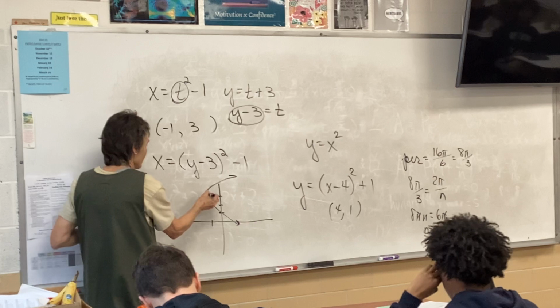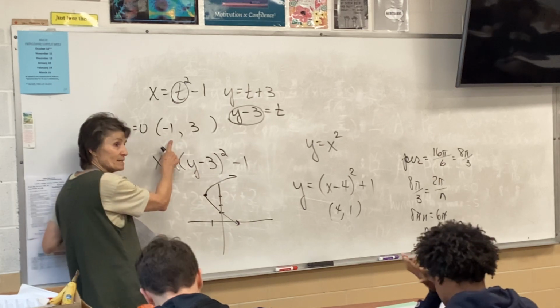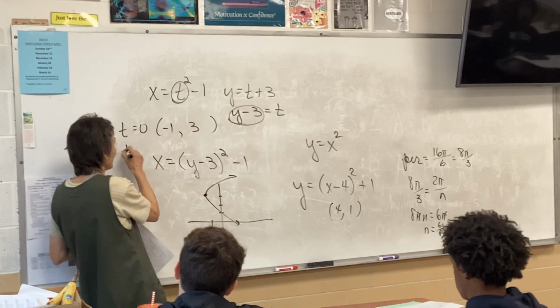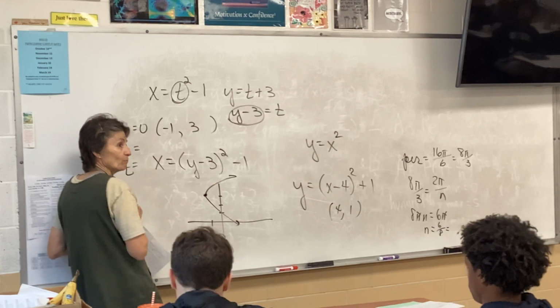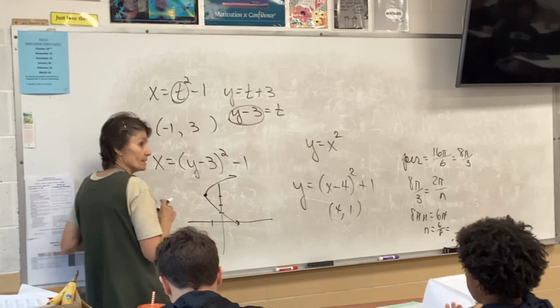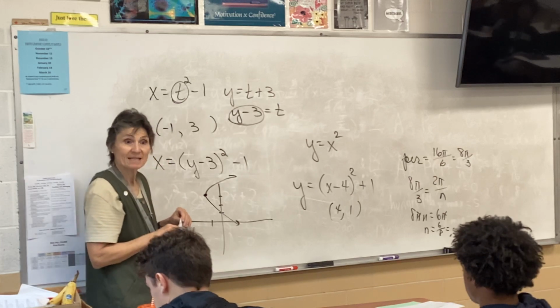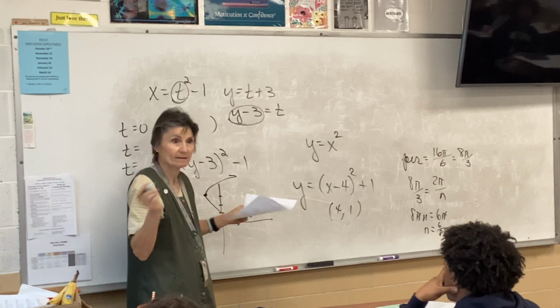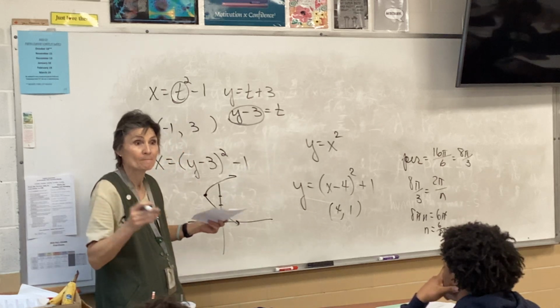This point we got by letting t be 0. Could we get other points to graph by letting t be other numbers if we wanted to? Sure. And you could let t be as many things as you wanted to get as many points as you wanted until you could connect the dots and have some kind of a picture.